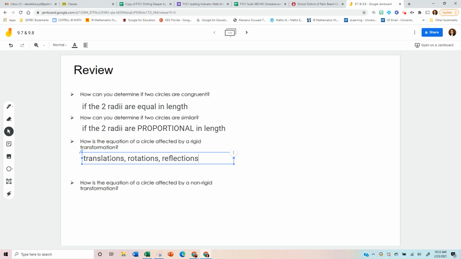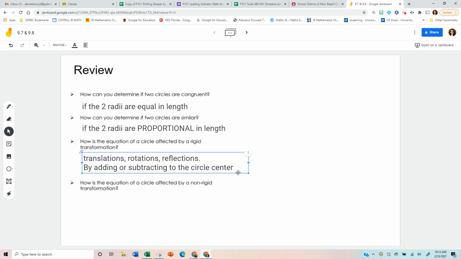So your equation of a circle is going to be affected by adding or subtracting to the circle center. Usually that is what's going to happen when we are changing these transformations.